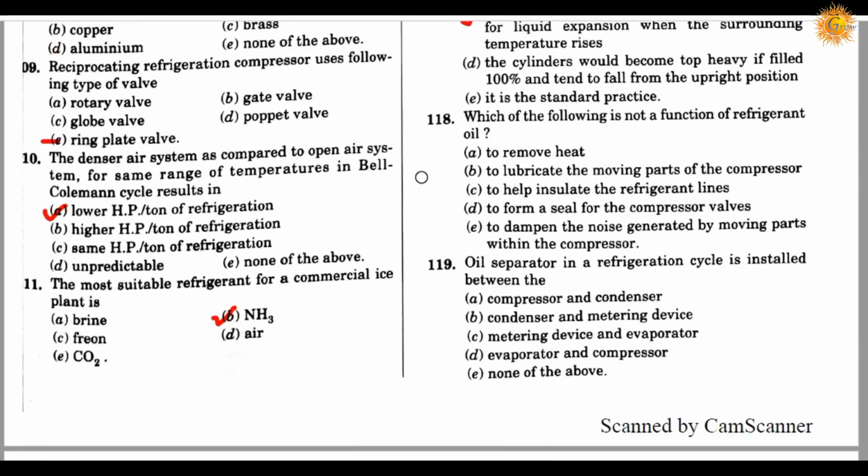Question number 118. Which of the following is not a function of refrigerant oil?